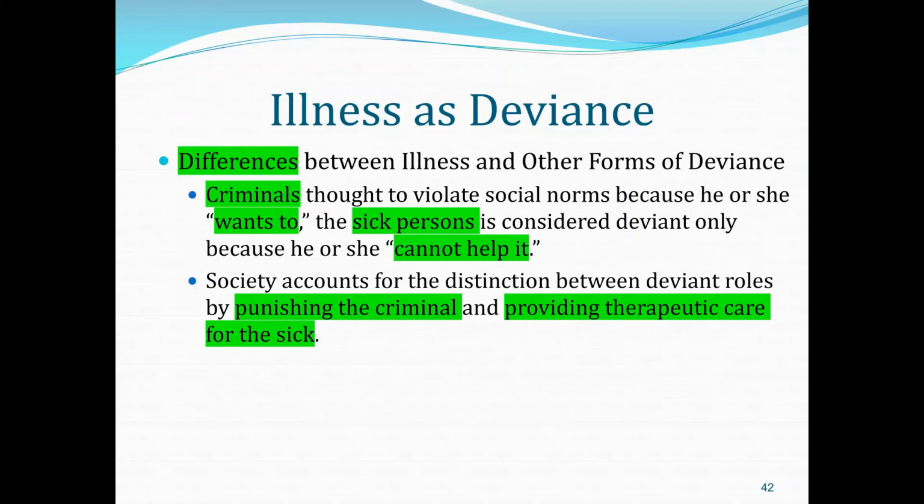Society accounts for the distinction between deviant roles by punishing the criminal and providing therapeutic care for the sick. You see, the approaches towards these two kinds of deviance are different because of the different nature of these two types of deviance.